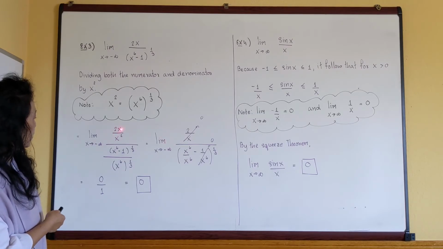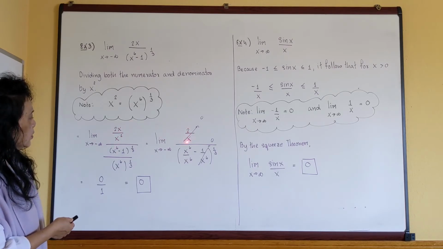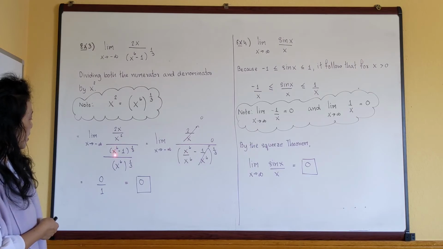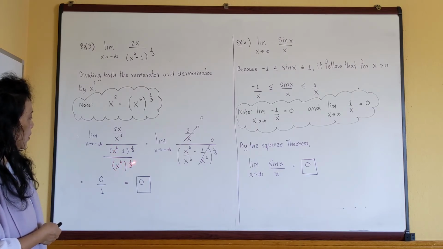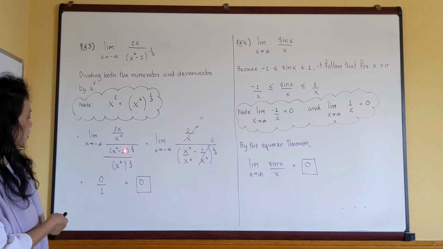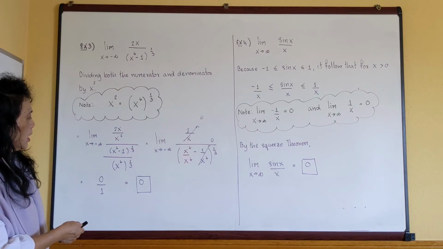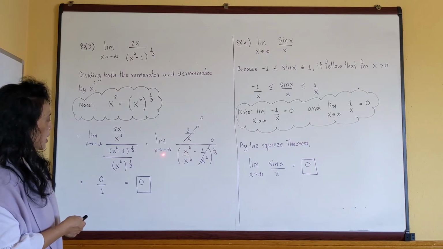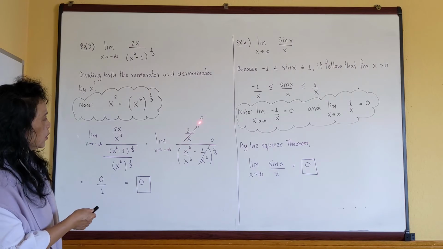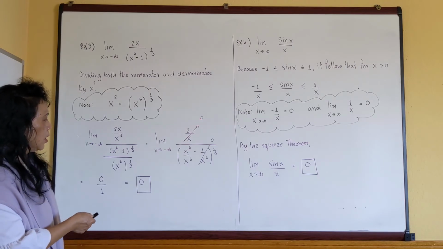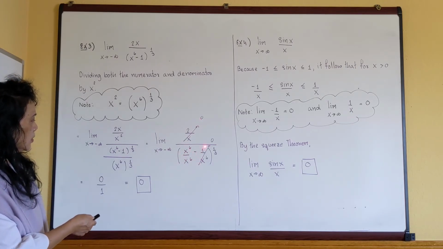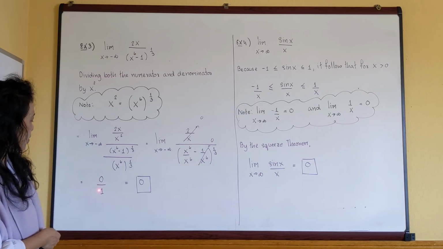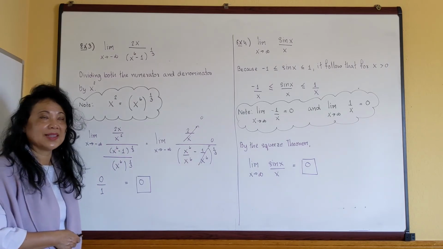The first term, I reduce the x, so I'm left with 2 over x, and I divide the denominator by x to the 6th raised to the 1/3, which I can combine them. And then reduce, then I would have 1. And as you take a limit as x goes to negative infinity, you would have 0 on the numerator, 1 for this term, 0 for this term. So 0 over 1 is 0.